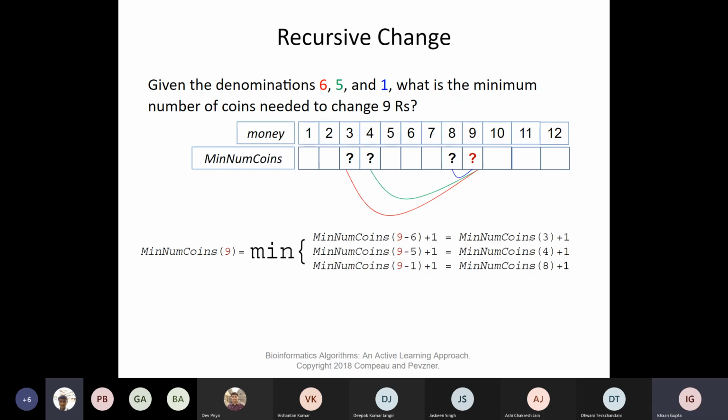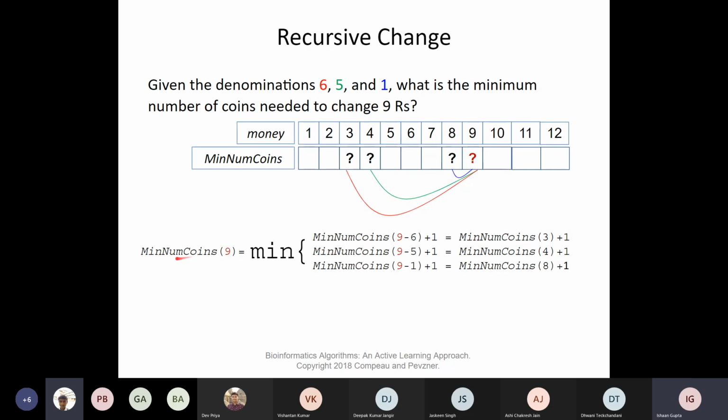On the other hand, what you can do is look at all these possibilities. So you say the minimum number of coins required to make change for 9 is going to be the minimum of the minimum number of coins if I take 6 as first choice, if I take 5 as first choice, and if I take 1 as first choice, because these are the 3 denominations available.